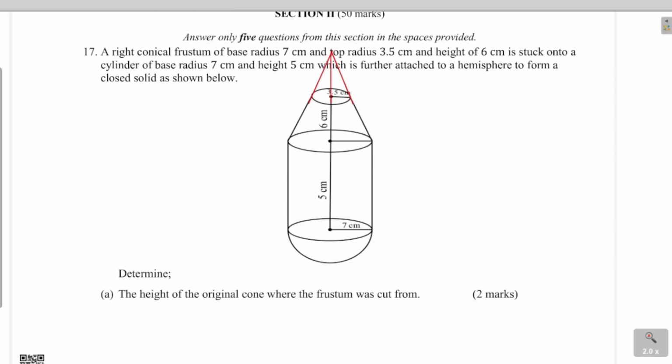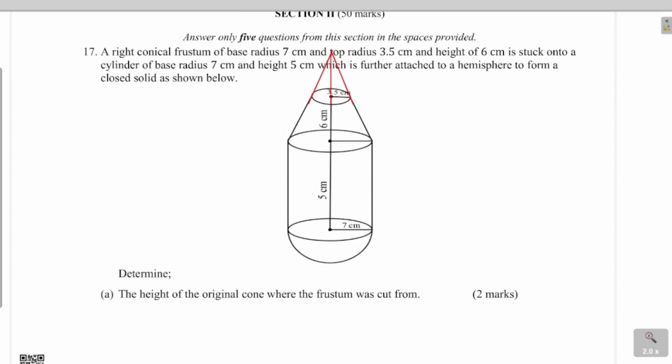So that is how it was. You can see this is a full cone. So the original cone is what we need to get. We need the height of the original cone, which runs from this point up there.